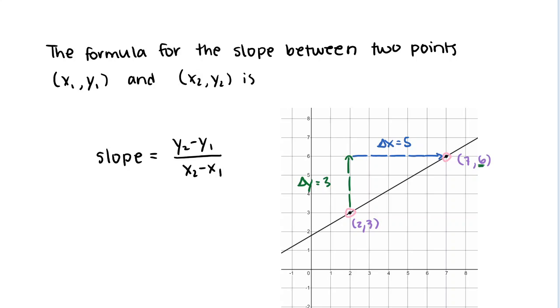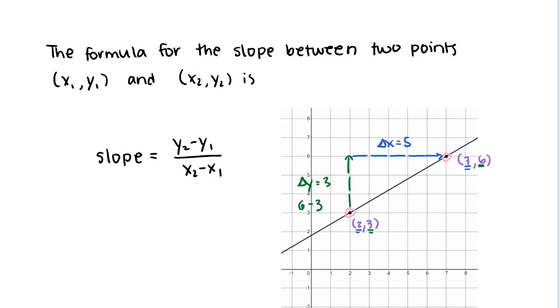Well, it's just 6 minus 3, right? To go from 3 to 6, I'm going up 3 units, and we can see that as 6 minus 3, right? The ending y value minus the beginning y value. And then what's the change in x? Well, the change in x is 5, and it's coming from 7 minus 2, right? The ending x value minus the starting x value.